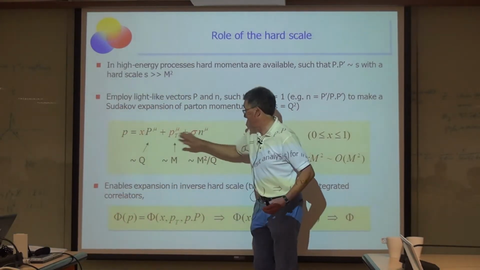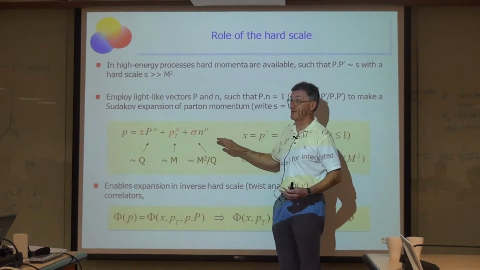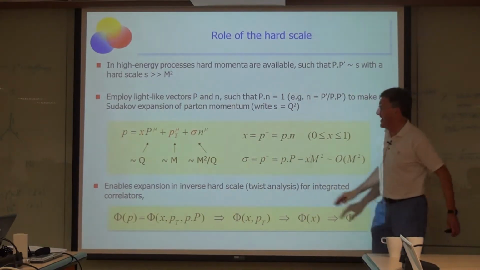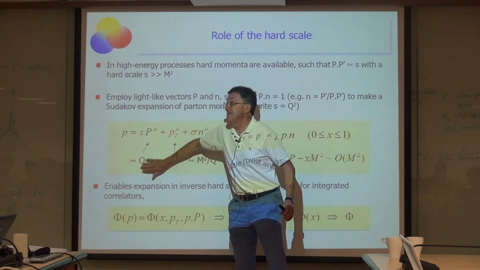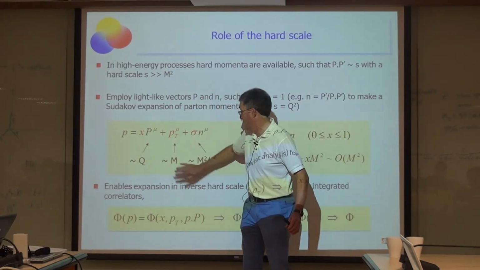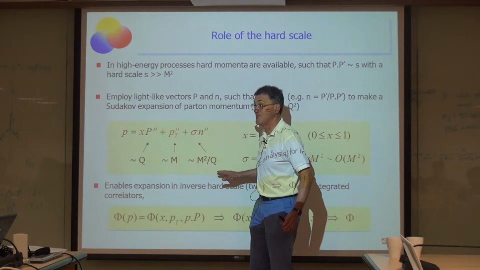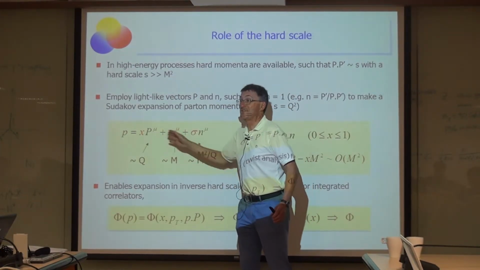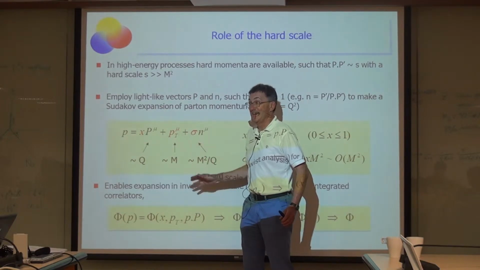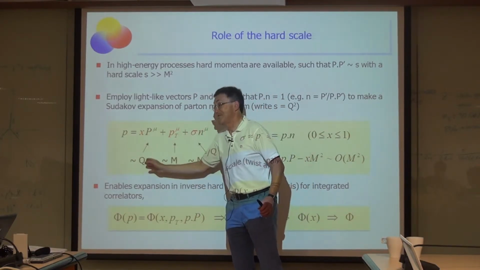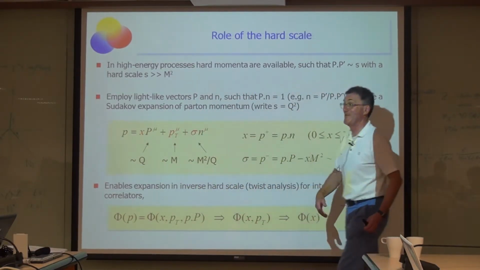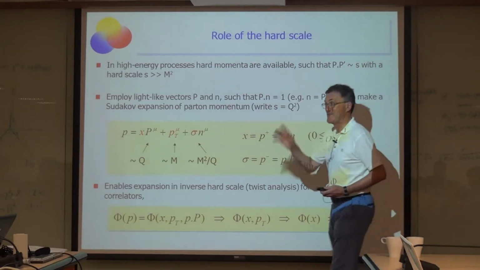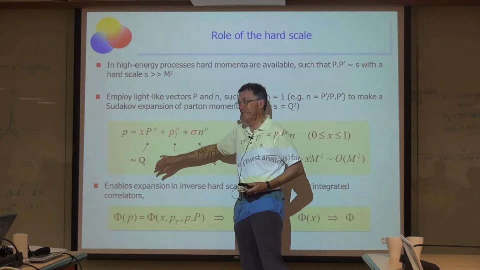So this expansion is called the Sudakov expansion, and that's essentially what it is. Now you say in a particular frame, this is order Q, this is order M, this is order M squared over Q. I do the calculation, but since everything is written in a covariant way, if I know that in one frame this is the dominant thing, it will be the dominant thing in all frames. You have to think about that statement, but this is true in this case.